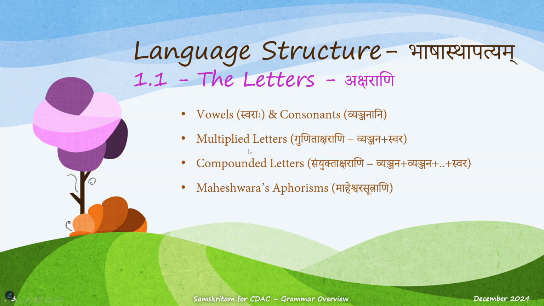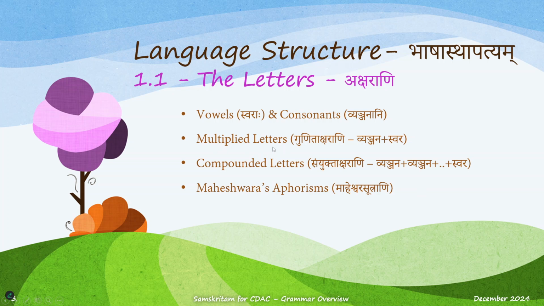Having understood the basic vowels and consonants, we will re-look at them and see how we generate two further structures, one called Gunita Akshara and another called Samyukta Akshara. Here it's in plural. Vyanjana and swara form this Gunita Akshara.